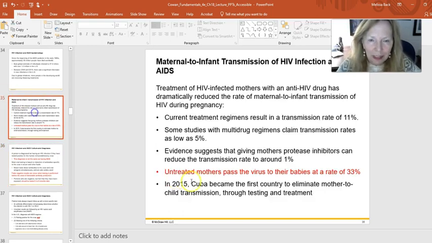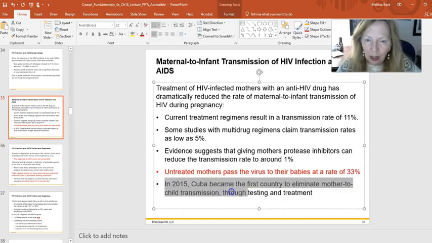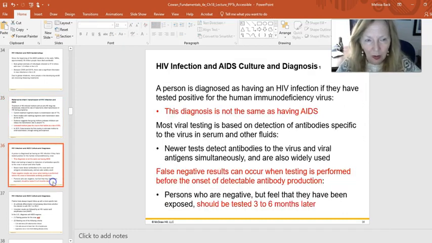But just to get back to that, since I highlighted it, Cuba, which does require mandatory types of things, eliminated mother-to-child transmission through testing and through treatment. That was required. That was mandatory. Mandatory is not always a bad word.